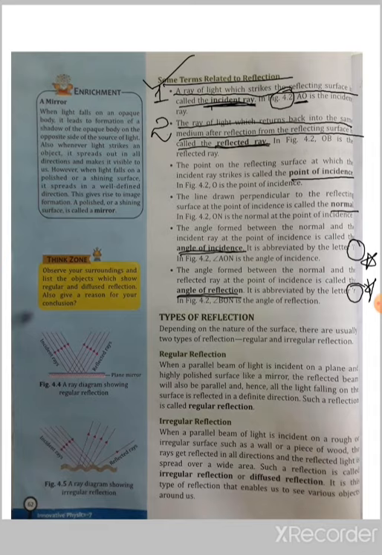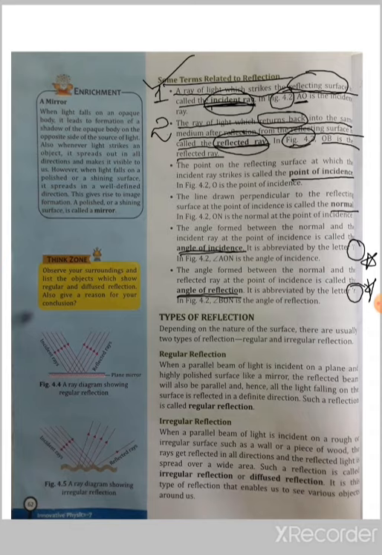Please underline. In figure 4.2, OB is the reflected ray. Is that understood? Incident ray, reflected ray. How to know them? The incident ray is the one going towards the reflecting surface, and the reflected ray is the one returning back.